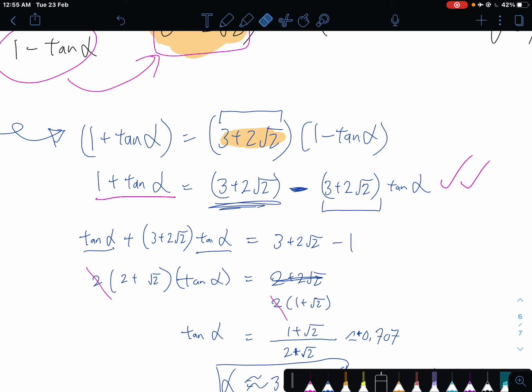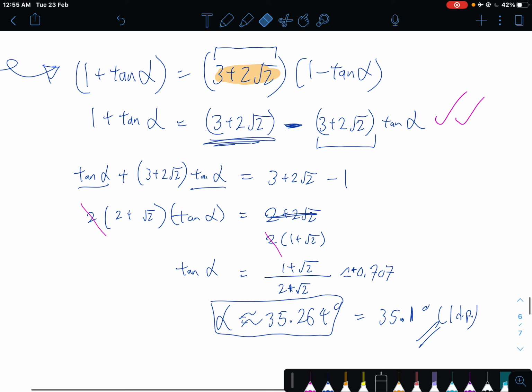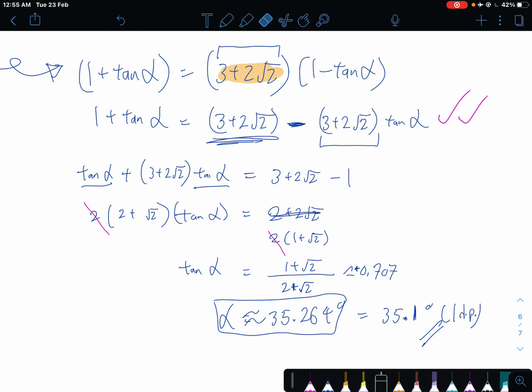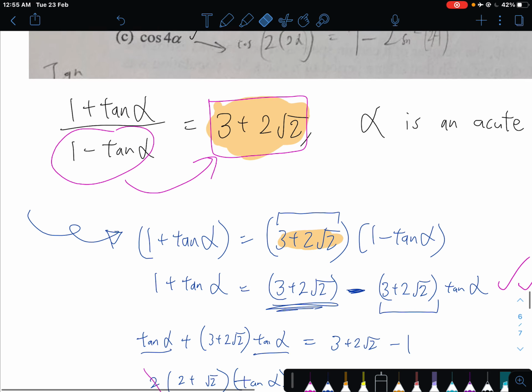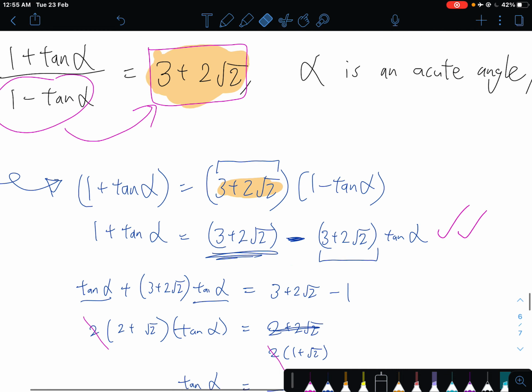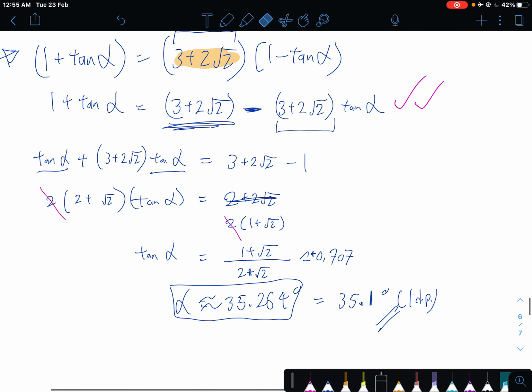So what do you have next? What we have next is that we are going to combine like terms. We want to make tangent alpha the subject. That's what part A is asking for. So very simple, we just need to identify the like terms. In this case, we have tangent alpha, but it's an imaginary 1 times tangent alpha. But this one is not imaginary, it's a negative 3 plus 2 root 2 times tangent alpha.